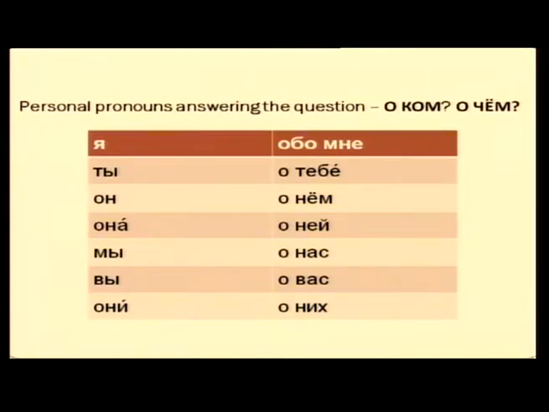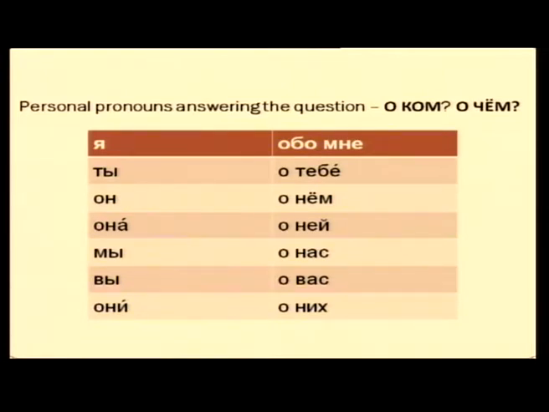О ком они вспоминают? Они вспоминают о ней. О ком они говорят? Они говорят о нас. О ком они рассказывают? Они рассказывают о вас. And again you can use: о ком они думают? Они думают о них. So here we have seen how to use these personal pronouns answering the question о ком.